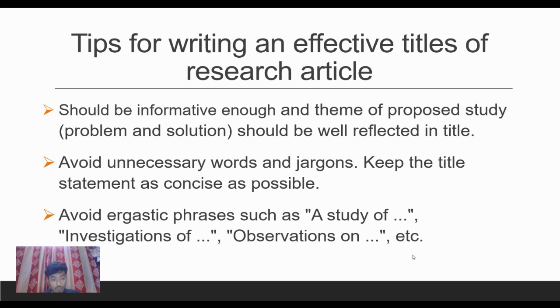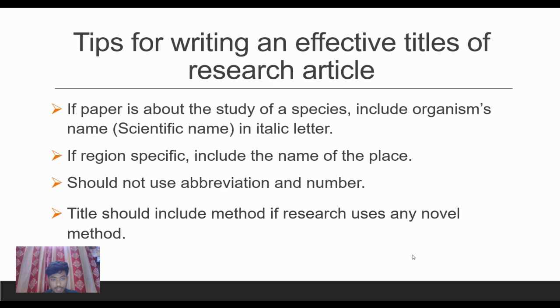Avoid unnecessary words and jargon, and also keep the title statement as concise as possible. Avoid irregular phrases such as a study of, investigation of, observation on, etc. If the paper is about the study of a species, include the organism's name, that is the scientific name, in italic letters.